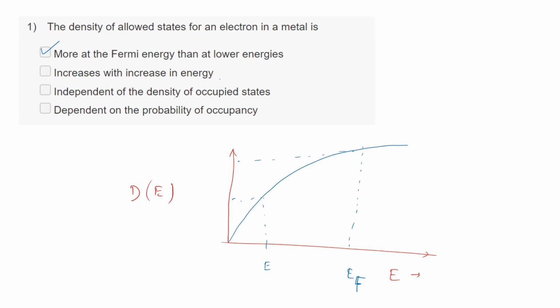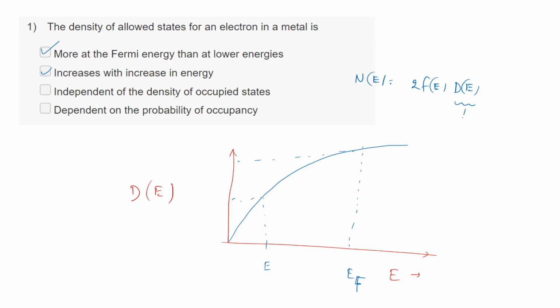It increases with increase in energy. You see, with increase in energy, it is increasing. So it is also correct, and it is independent of the density of occupied states. That is true. So what is the density of occupied states? N of E is equal to 2 f of E times D of E. So D of E is your density of allowed states, and f of E is the probability of occupancy. When you multiply the density of allowed states with 2 times f of E, you end up with the density of occupied states.